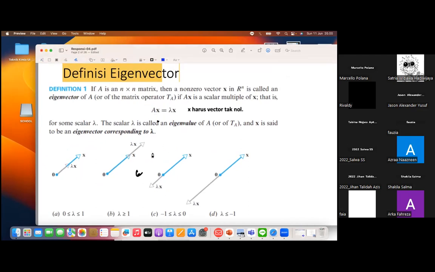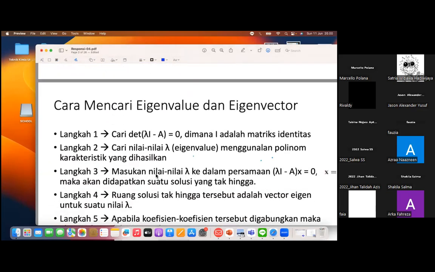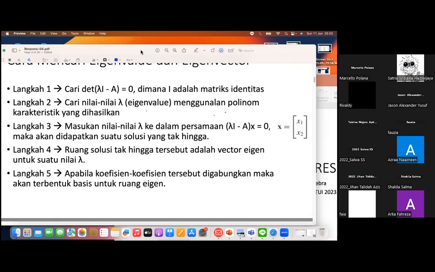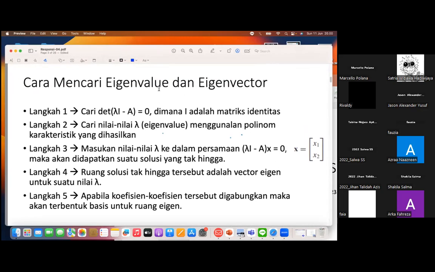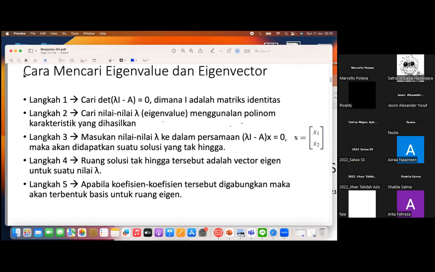Okay, so this is the basic steps to calculate the eigenvalue and the eigenvector.